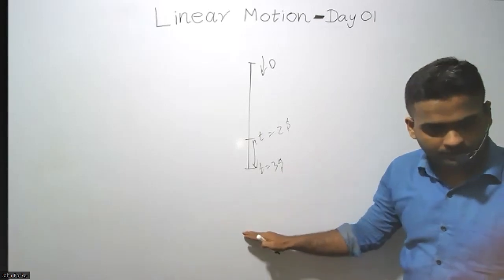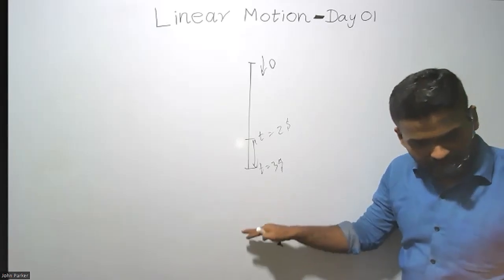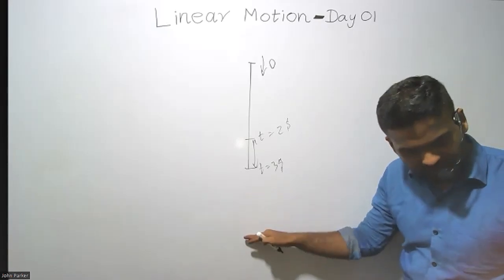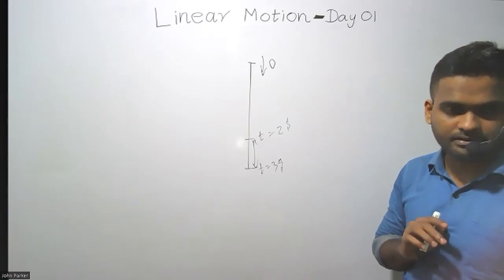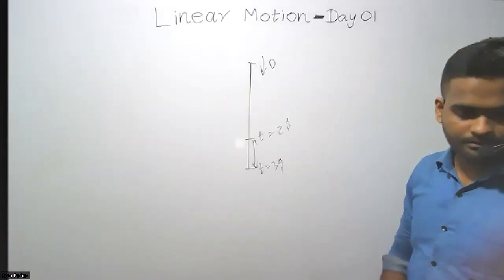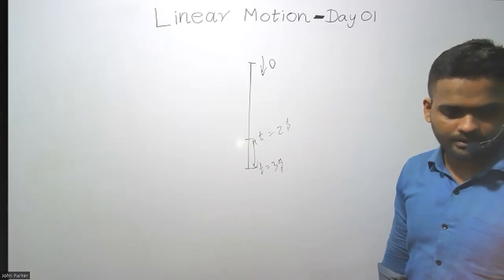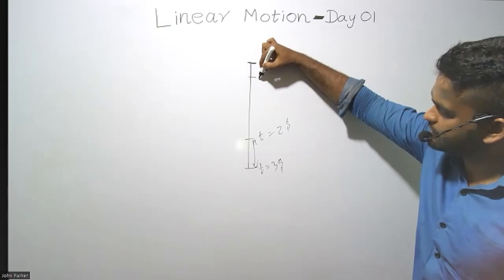If you take the 100th second, it is between 99 and 100. That's what it means. 100th second, 99 and 100. Here 2 and 3. Because first second means 0 and 1, right?